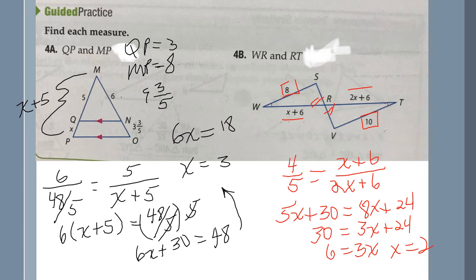So we want to find WR and RT. Well, WR is going to be 2 plus 6, which is 8. And RT is going to be 2 times 2, which is 4 plus 6, which is 10. So we actually have a couple of isosceles triangles going on over here.